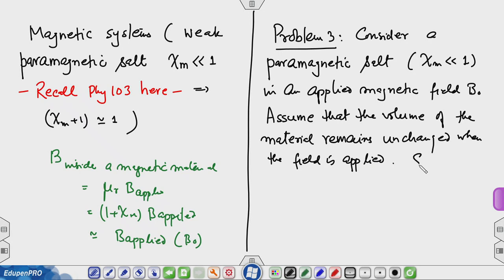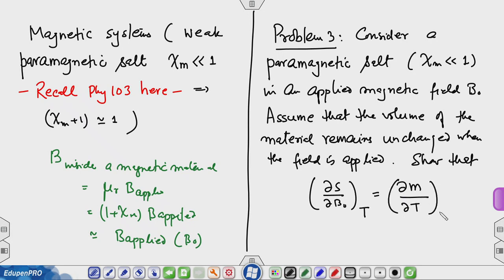Then we want to show that the change in the entropy of the system with respect to applied field, if you keep the temperature the same, is equal to partial m over partial T when B naught is kept the same.